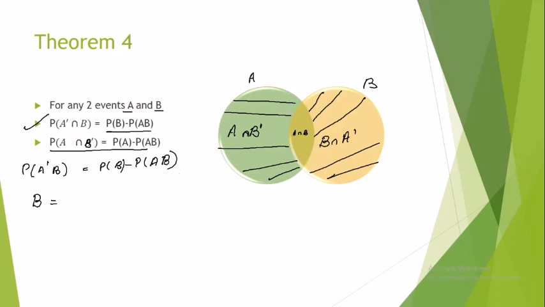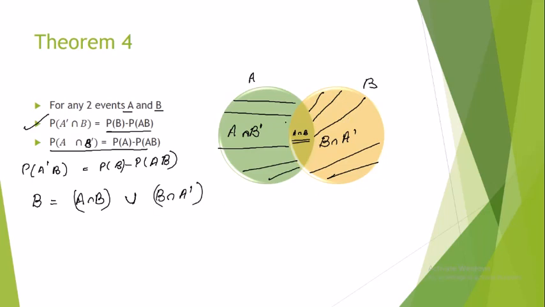What I have just written over here, what is B? B is A intersection B, union B intersection A complement. Will you agree with that?